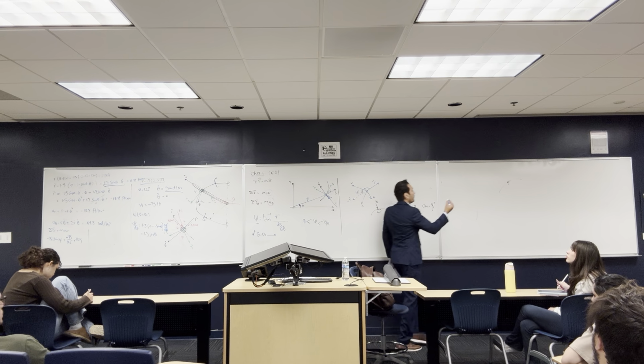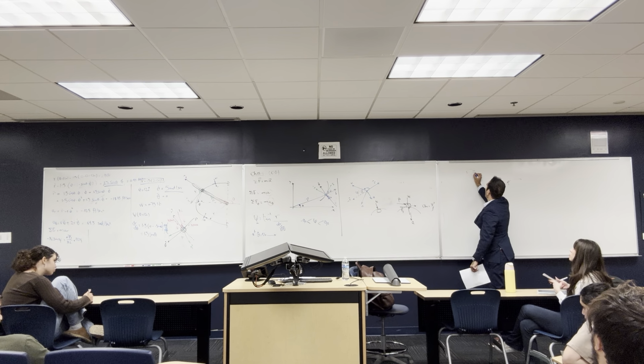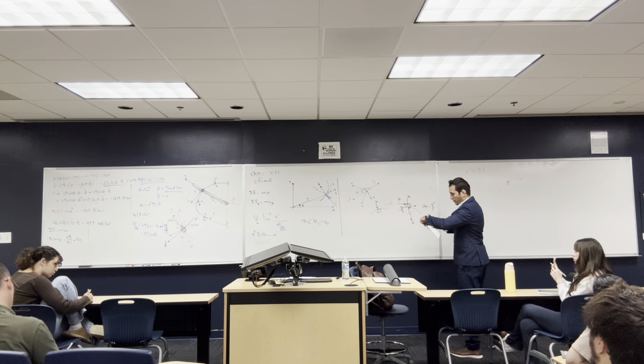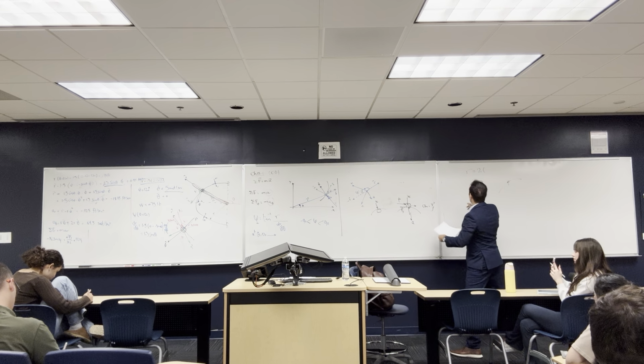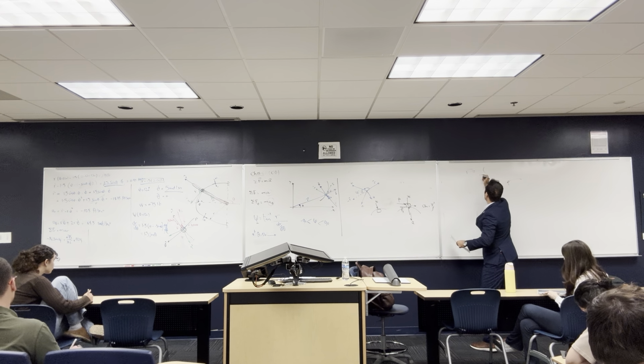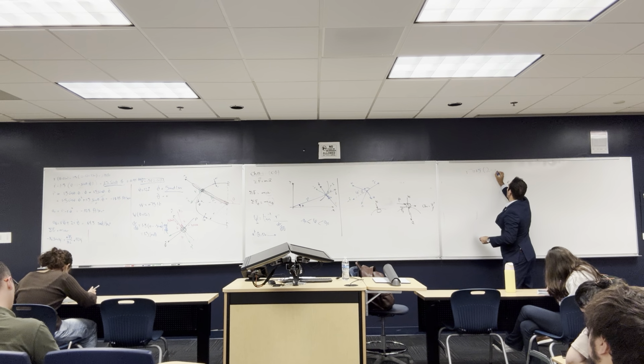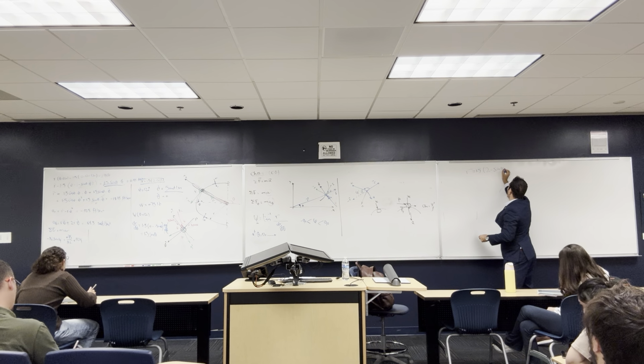If you didn't get it, I'm going to put it here. R is equal to 1.5 multiplied by 2 minus cosine theta.